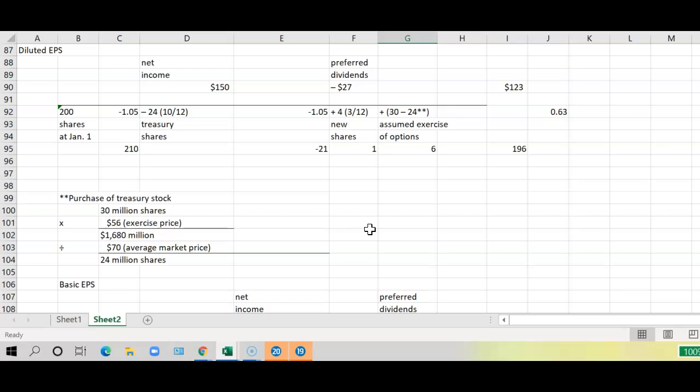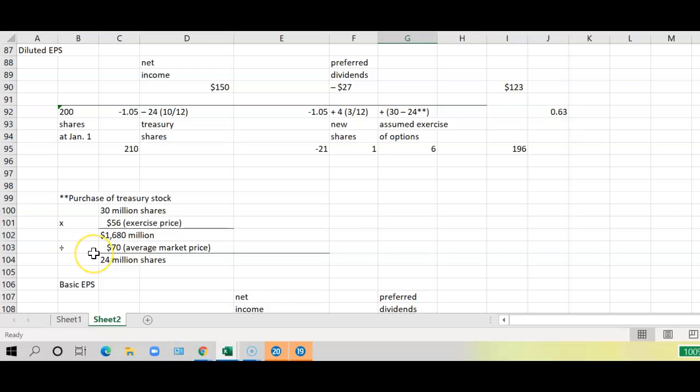So if there were 30 million stock options outstanding and the executives only had to pay $56 to buy those 30 million shares, that would give the company $1,680 million.